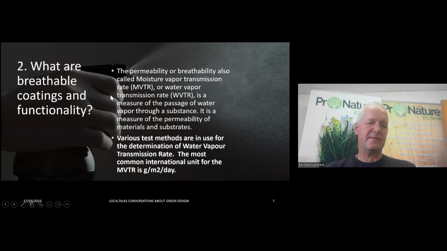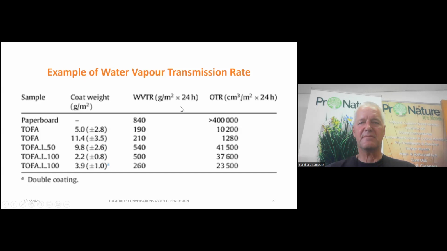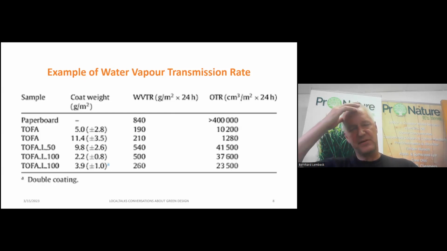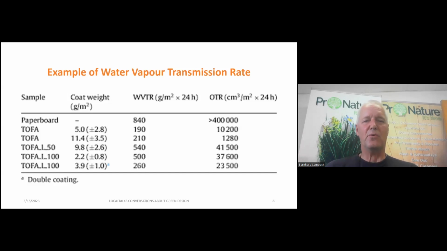And I found quite an interesting little scale where they actually try to demonstrate the water vapor transmission rate on paper board, which is probably easier to measure than a whole wall.